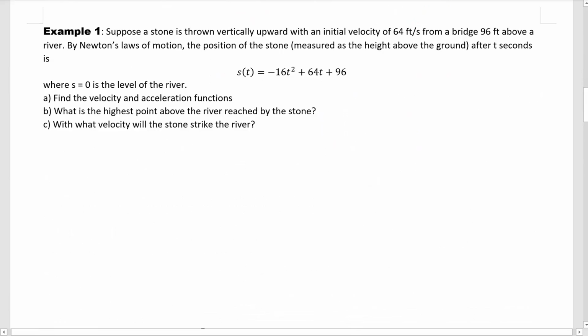All right, let's look at example 1. Suppose a stone is thrown vertically upward with an initial velocity of 64 feet per second from a bridge 96 feet above a river. By Newton's law of motion, the position of the stone, measured as the height above the ground after t seconds, equals this, where s equals 0 is the level of the river.